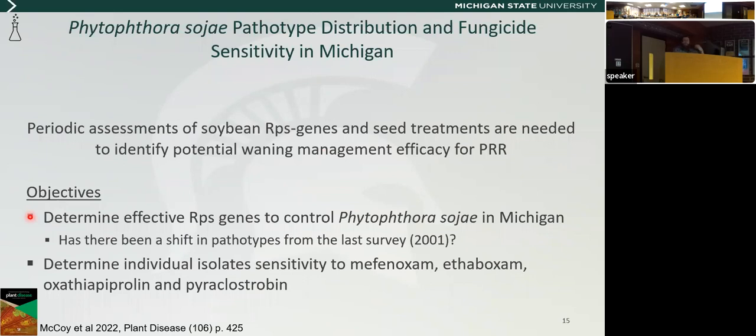And then, like I said, going through and testing our common seed treatment compounds, trying to identify any sort of resistance that could be building in the population to those. If you're interested in getting more than just the spark notes that I'm giving here, this is published in Plant Disease if you wanted to take a look.